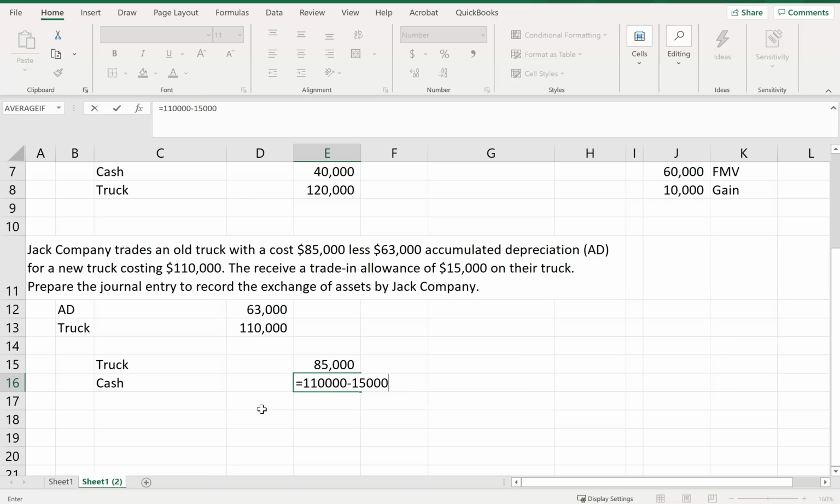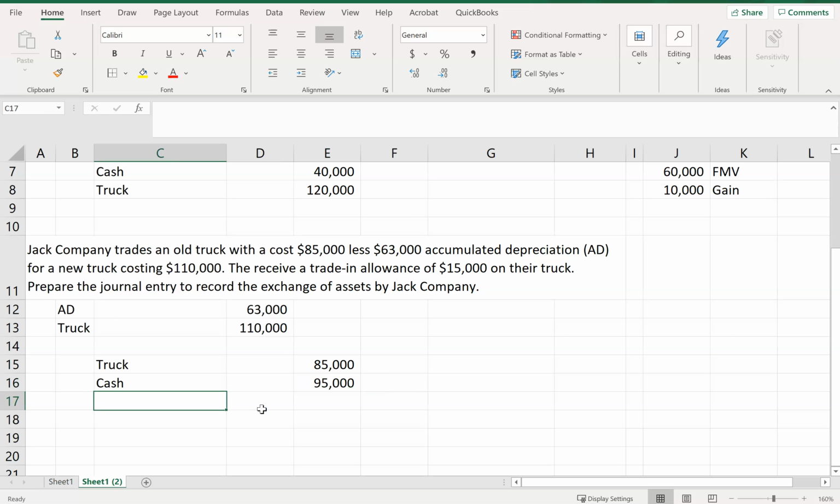So we have to pay them for the total of the truck minus what they knocked off the price because we gave them our old truck. So the total cash out the door is $95,000. So this is a pretty common confusion. People want to use this $15,000 in the journal entry, but it doesn't belong in the journal entry. You'll use it in this calculation only.